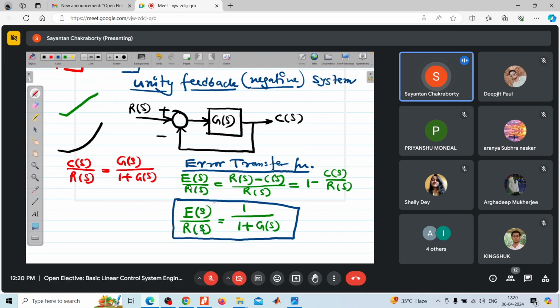Right? So from this, we can write E(s) equal to 1/(1+G(s)) into R(s).